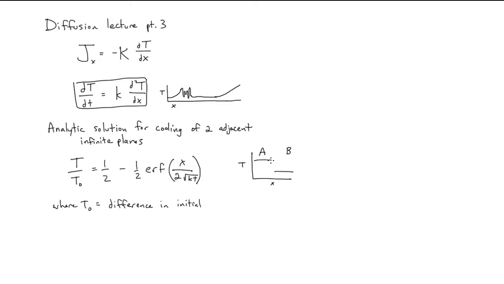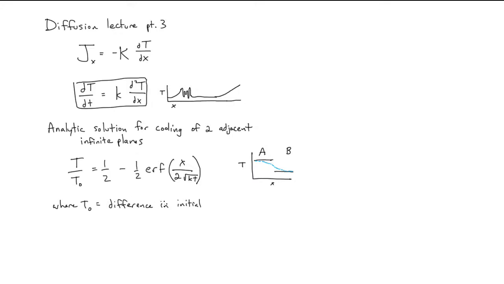They're just like before, put next to each other, and then we're going to see the temperature evolve over time. But in this case, neither one is an infinite heat sink, so they're both going to change. It's going to look like that after a while.